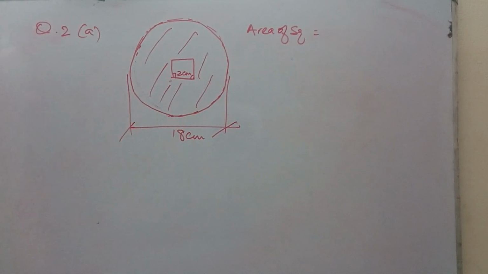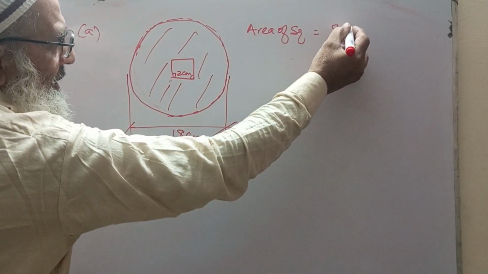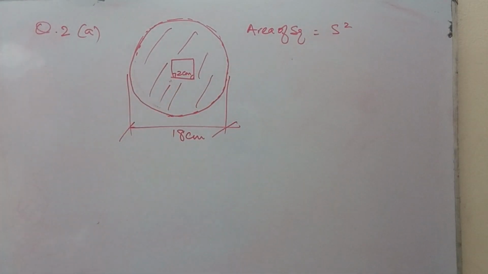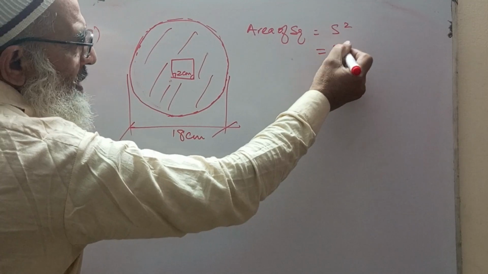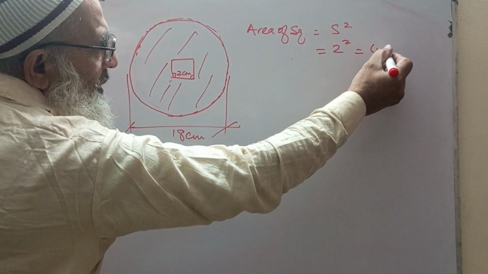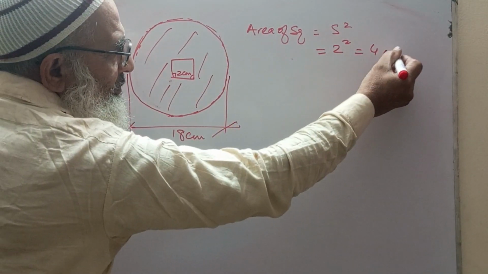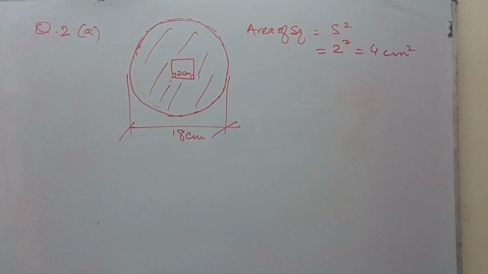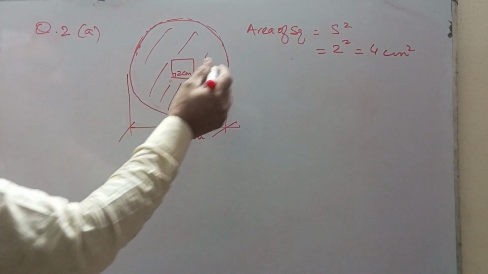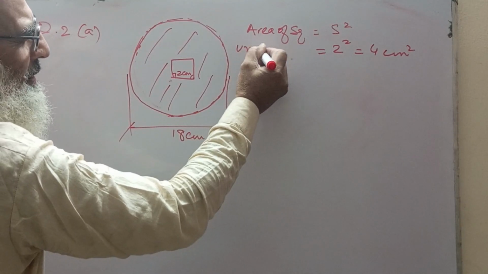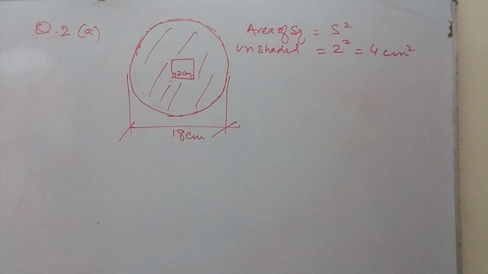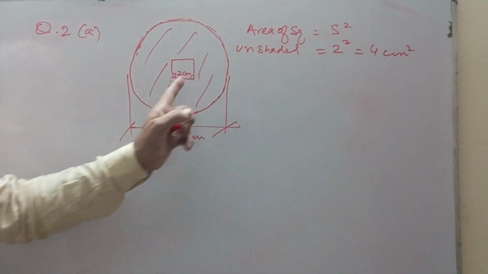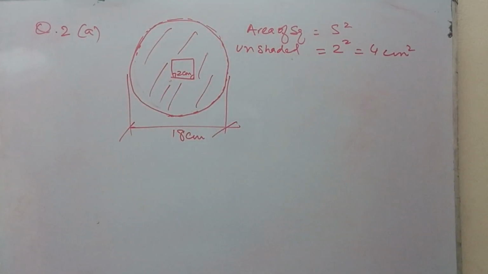Remember, the area of a square is s square. Here s is 2, so 2 squared is equal to 4 centimeter square. The unshaded area, the area of the square, is 4 centimeter square.